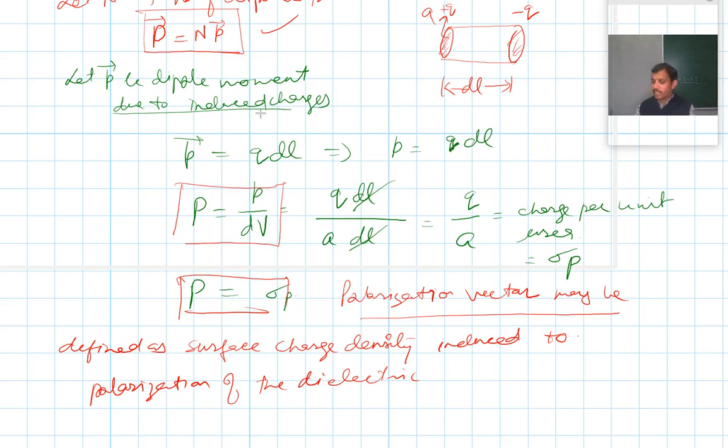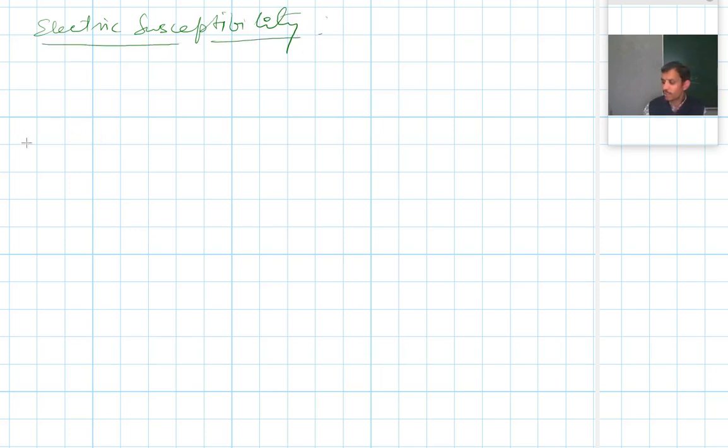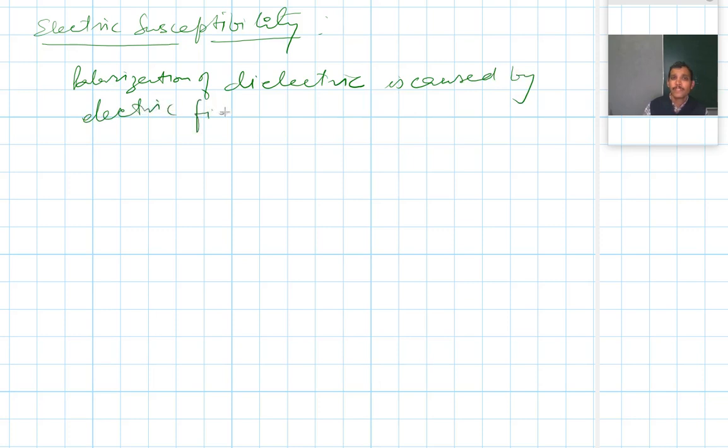Now let us talk about a very interesting concept that is known as electric susceptibility. The polarization of a dielectric, as we know, is caused by electric field. So let us have a look at what is the meaning of it.